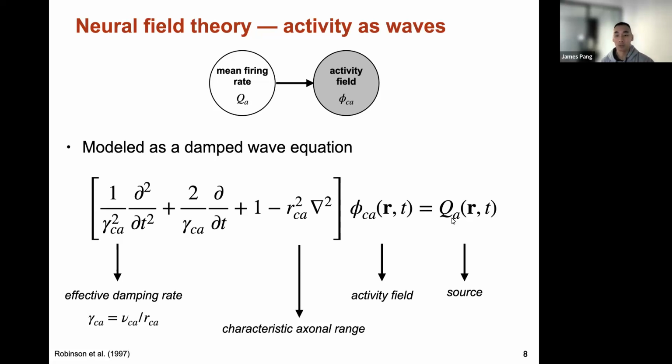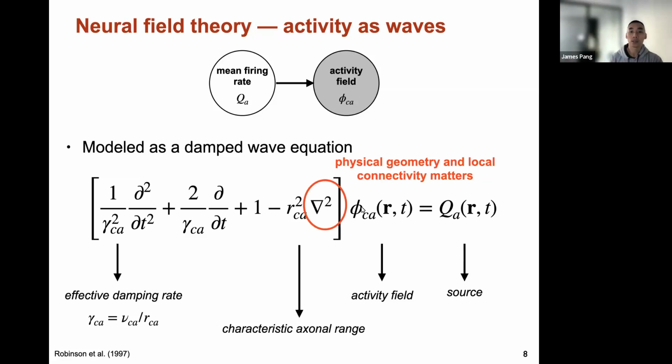Similar to when you throw a pebble into a pond and you see the ripples that propagate but decay in space and time. The important aspect of this damped wave equation is this spatial kernel here, the Laplacian, which suggests that the emergence of activity heavily relies on the physical geometry of the substrate, basically here the cortex, and its local connectivity.